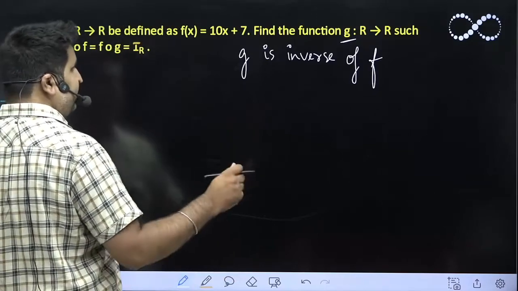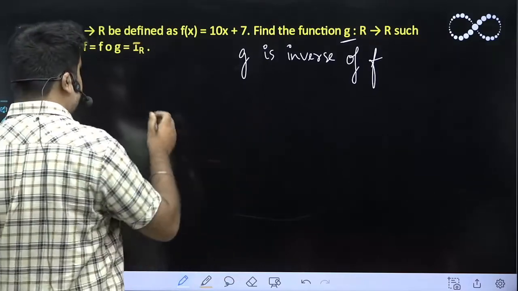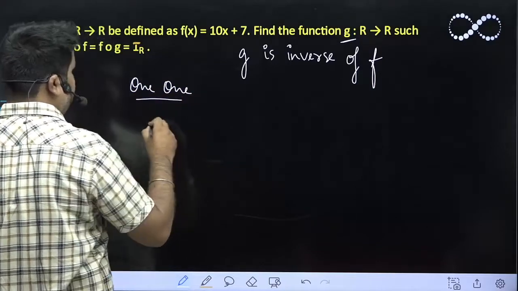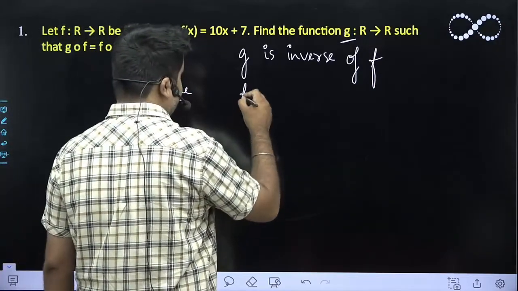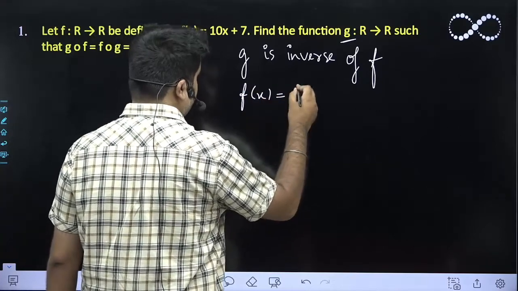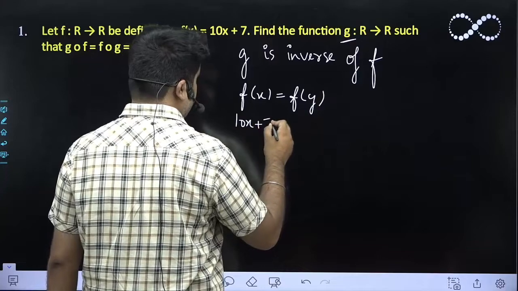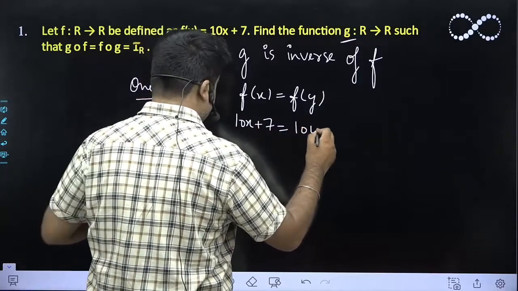To find the inverse of f, first of all we have to check whether the function is one-one and onto. If we have f(x) = f(y), we get 10x + 7 = 10y + 7.